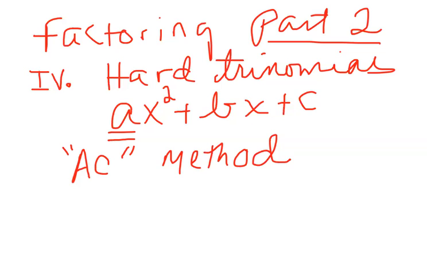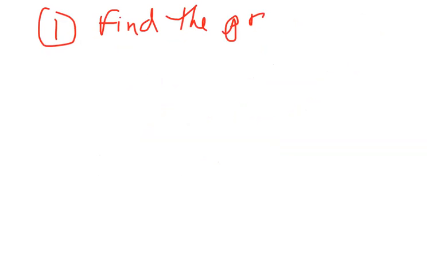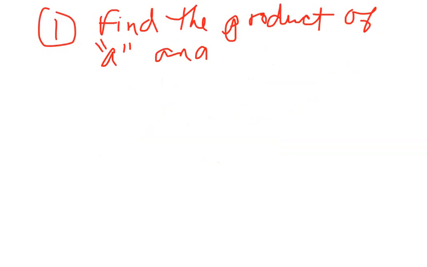So the steps for factoring using the AC method. Number one, we want to make sure we find the product of A, the leading coefficient, and C, the constant.